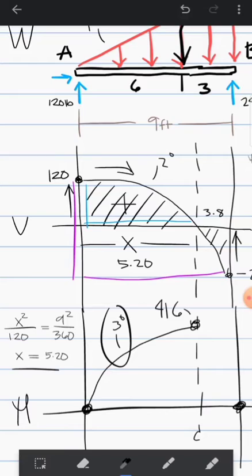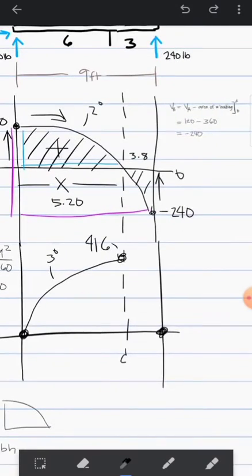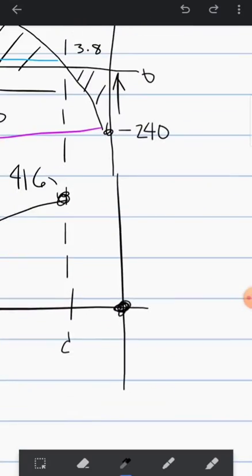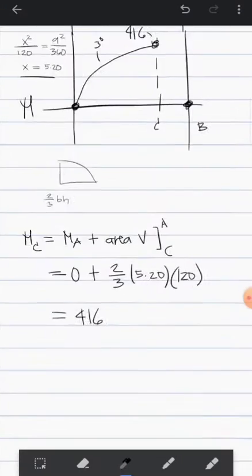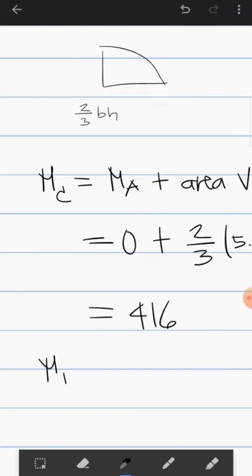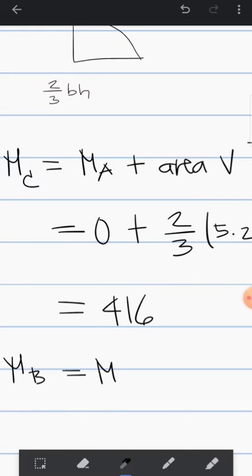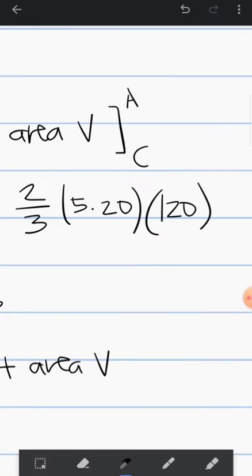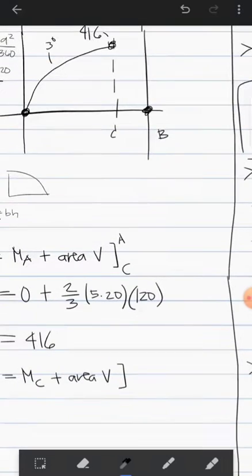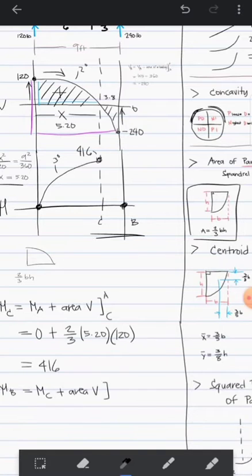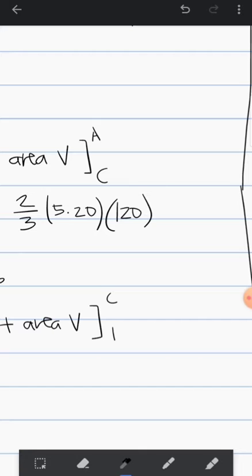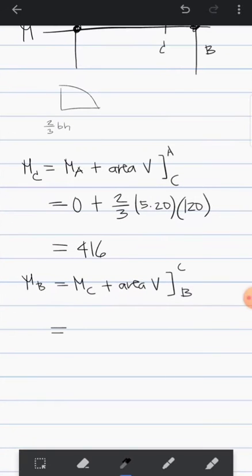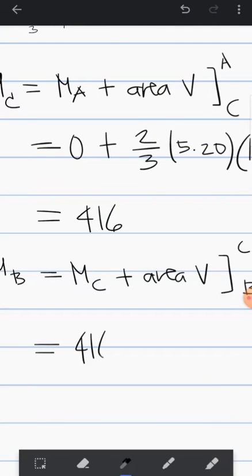From C to B, we use MB equal to MC plus the area of the shear from C to B. MC is 416, right?